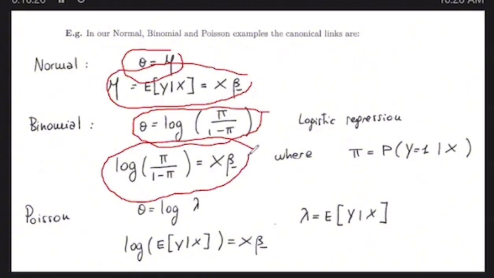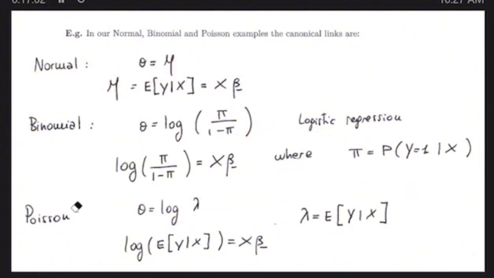For Poisson, I may be working with Poisson regression, where the response variable is not continuous, it is not categorical, but it is a count. That's going to be Poisson. And of course, we derived the link function to be theta equal to log lambda, and our lambda is the mean.